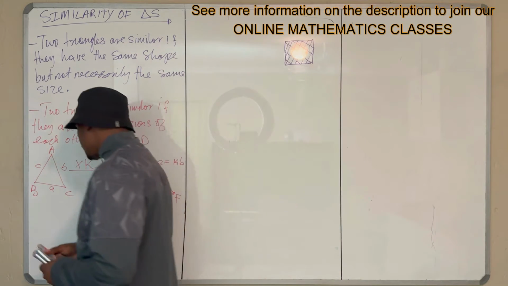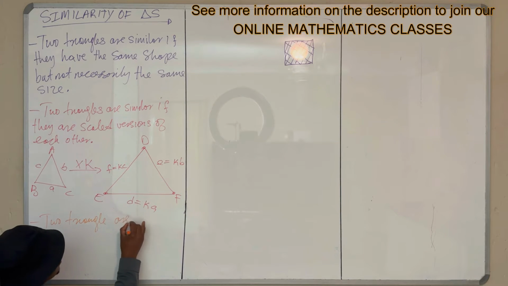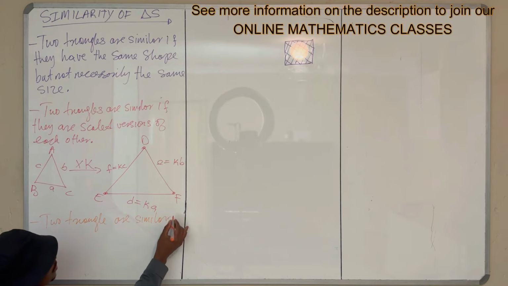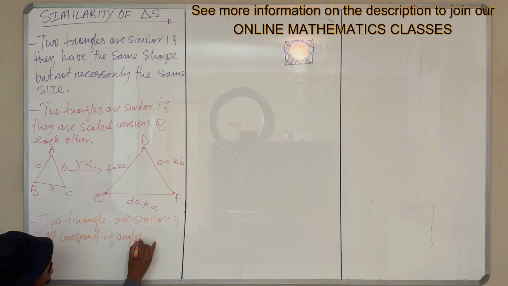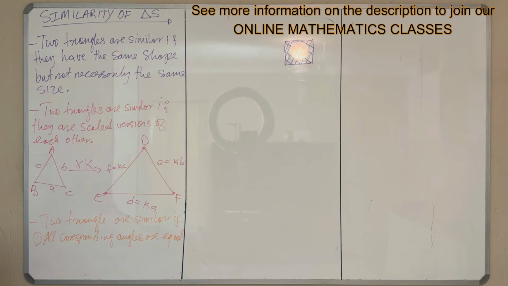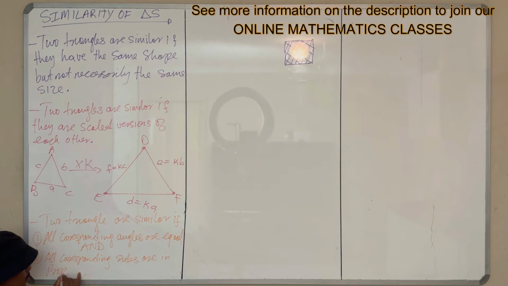So, third definition, I'll say two triangles are similar if, I'll write in conditions, all corresponding angles are equal, and all corresponding sides are in proportion, which is they're at equal ratios.